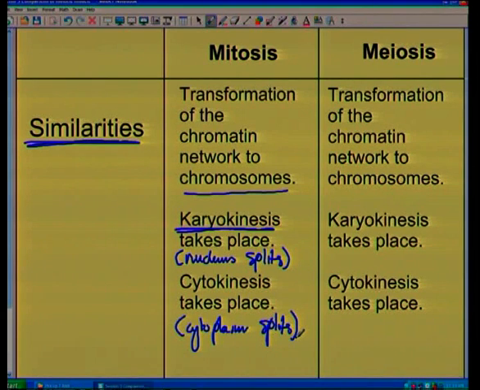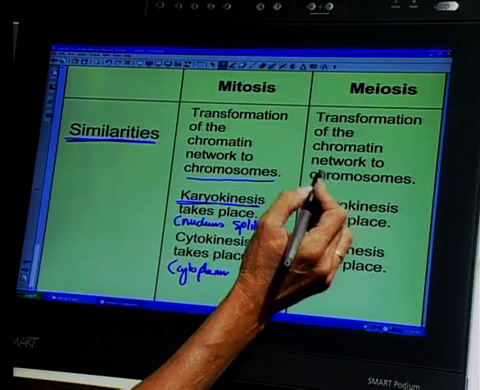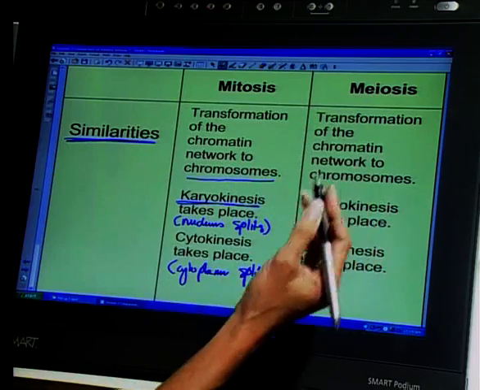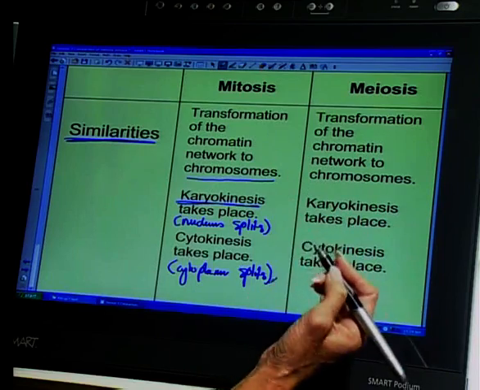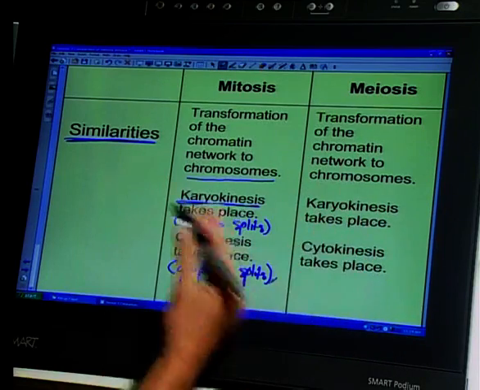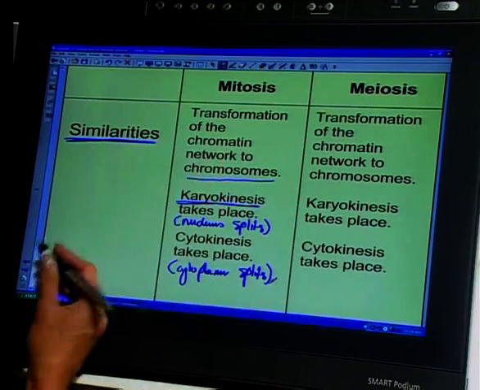Now, if we look at meiosis, you have a transformation of the chromatin network to the chromosomes. It's identical. Karyokinesis takes place, and cytokinesis takes place. So that's easy because those are the things that are the same in both processes.